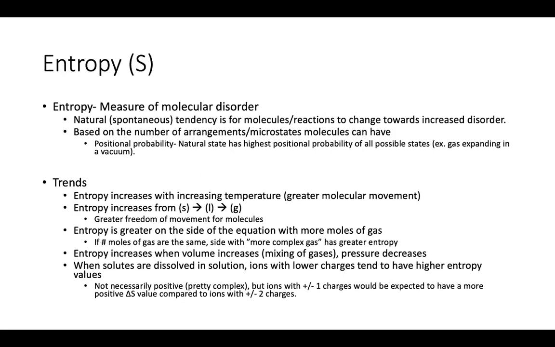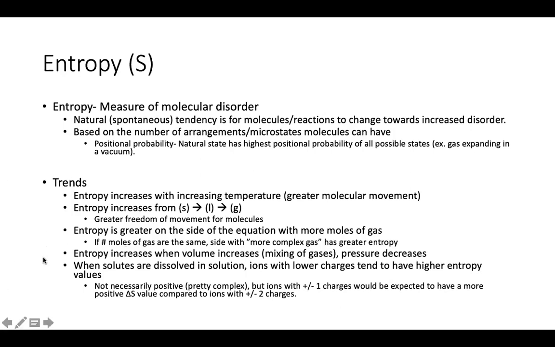So typically you'll see this where one side of the reaction has gases in their natural state, like H2 gas, O2 gas, etc. And on the other side, the gas will be a compound, so it'll be a combination of atoms in the gaseous phase. Whenever that occurs, if there are the same number of moles of gas on each side, you'd go for the gas that's a compound. That would tend to have greater entropy.